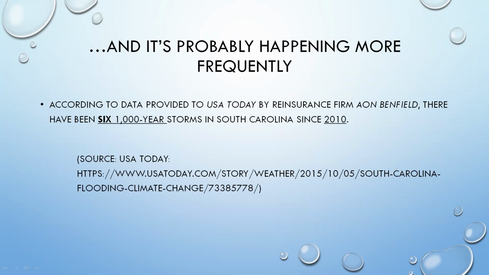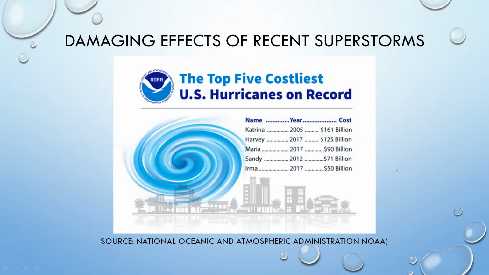So it shows you how these former definitions of the 100-year flood that federal and state agencies and local jurisdictions are using throughout the country may not be the best assessment of flood risk in today's reality. So these are the top 5 costliest hurricanes that have occurred. This is from NOAA.